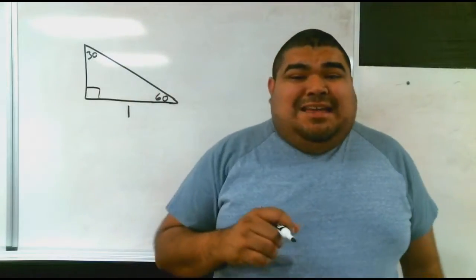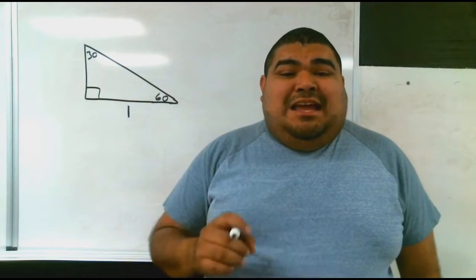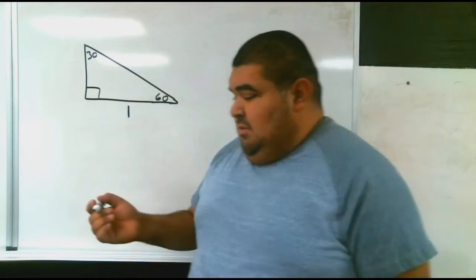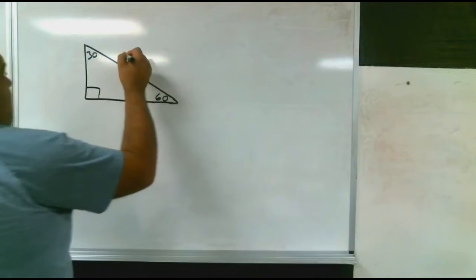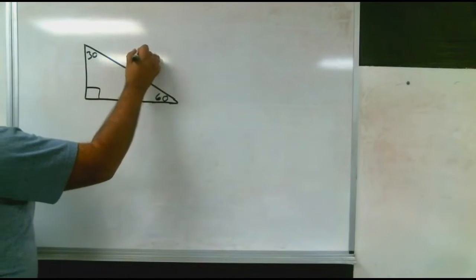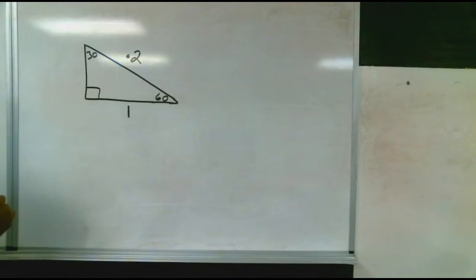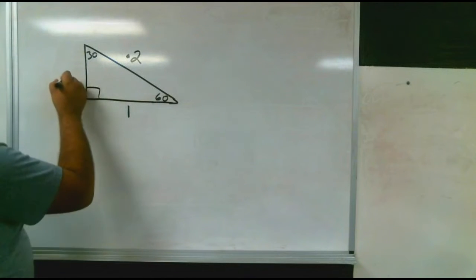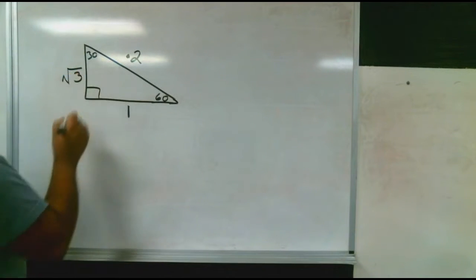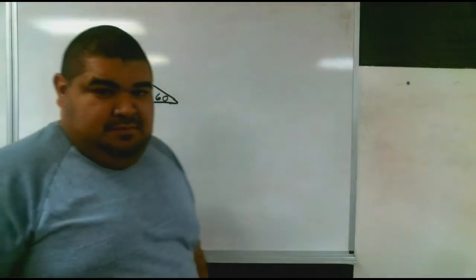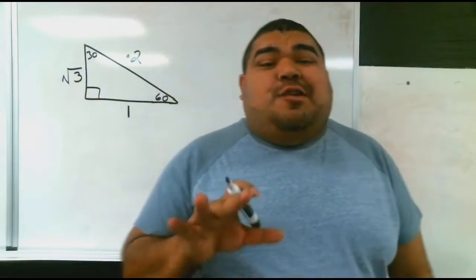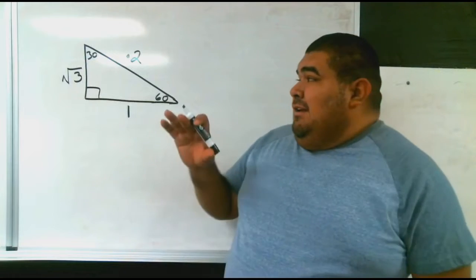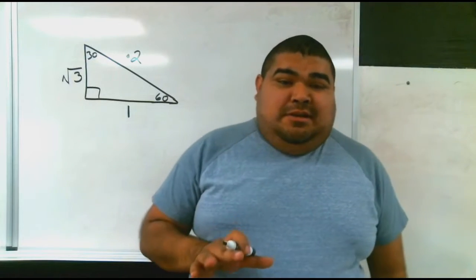Your longest side is always times 2. And then your middle side is always radical of 3. Looks very complicated, okay? It's really not that complicated.